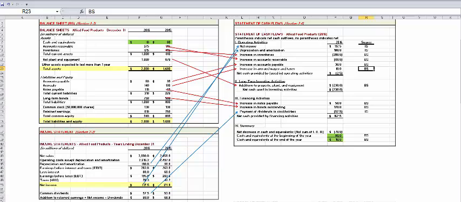Issuing stock or bonds is a source. Looking at the big picture, there's three sections: operating activities, long-term investing activities, and financing activities. Starting with net income and adding or subtracting the sources and uses of cash yields the change in cash from the previous year, which should agree with the balance sheet.